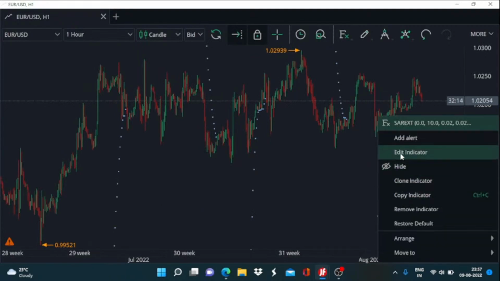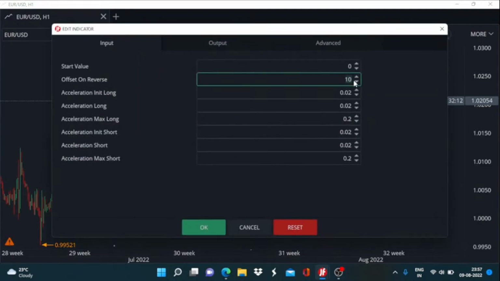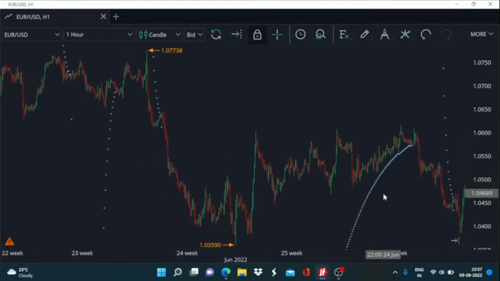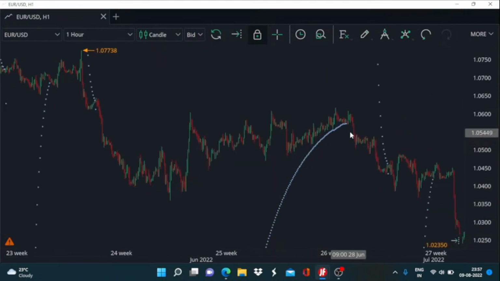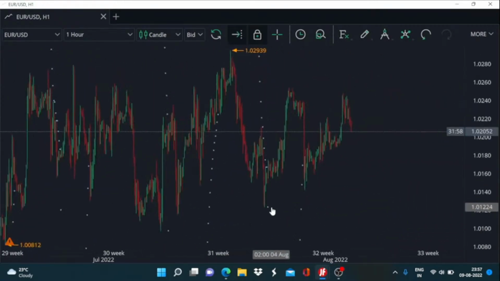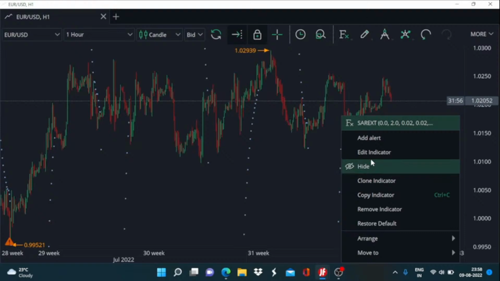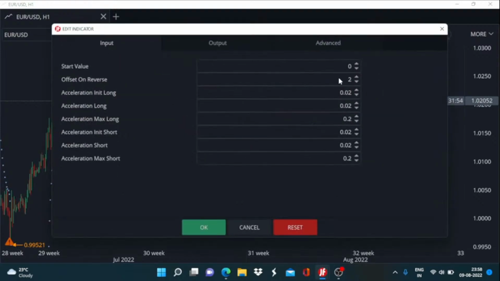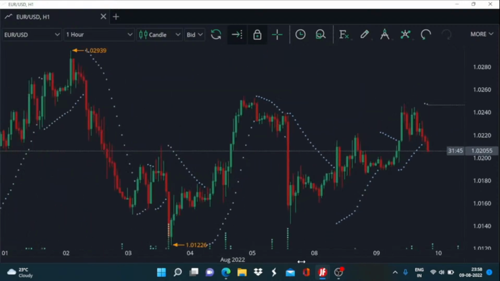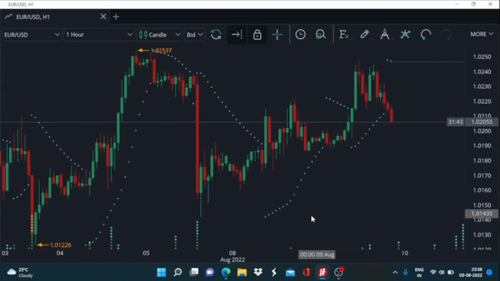Now if we bring it lower, then I think we will get still this is looking like a rocket launch setup. Alright, now I am going to restore it back to 0. So we are back to where we started. Alright, so there is the parabolic SAR extended indicator plotting with the hourly time frame.